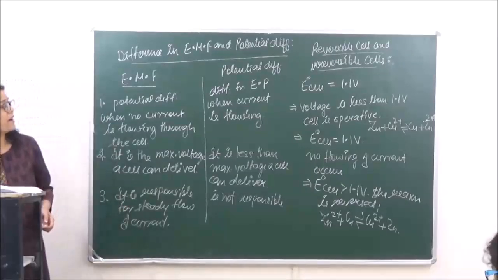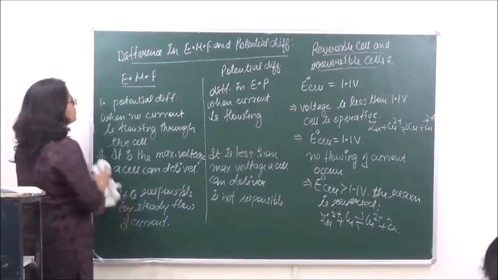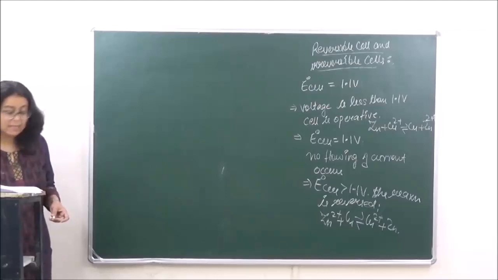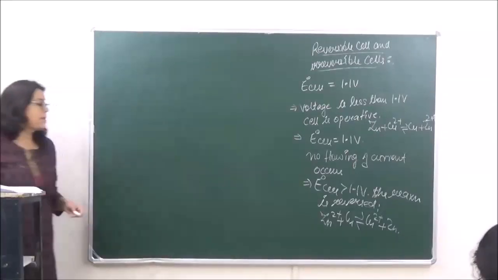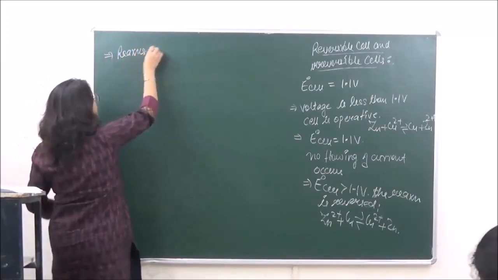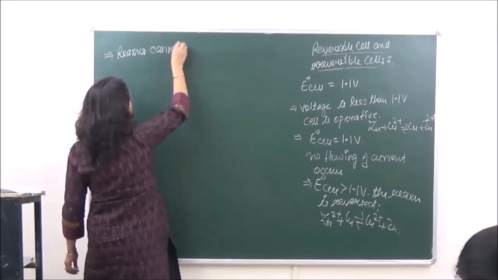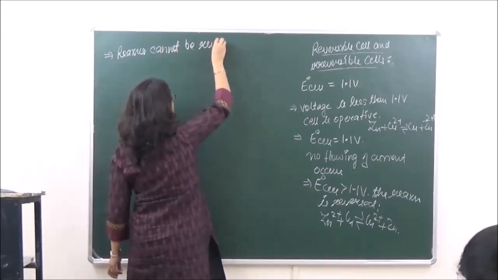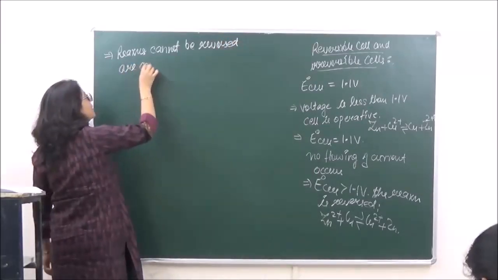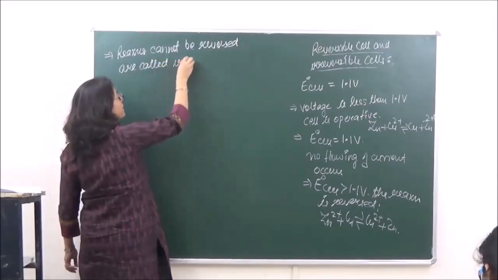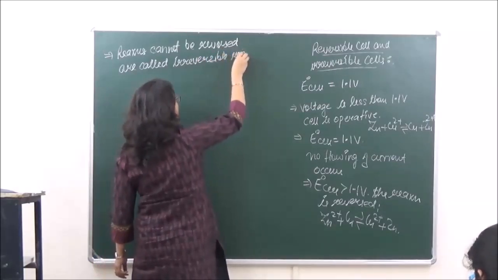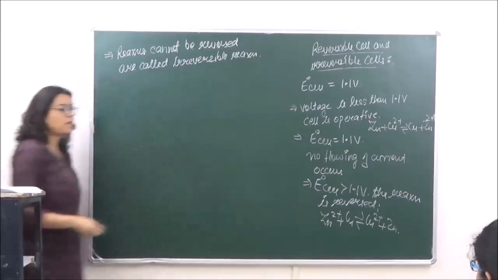But then there are cells in which such reactions cannot be reversed. So what are we saying? That all those cells in which reactions cannot be reversed are called irreversible reactions.